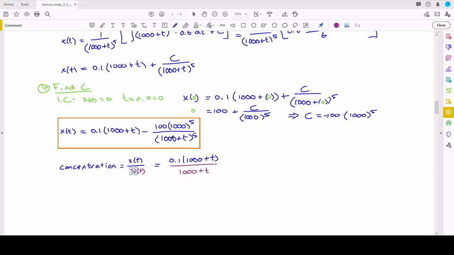And then we also have to take the next term and divide that by 1000 plus t. So we subtract, then it's 100 times 1000 to the power 5 divided by 1000 plus t to the power 5. And then we're going to divide that by 1000 plus t.